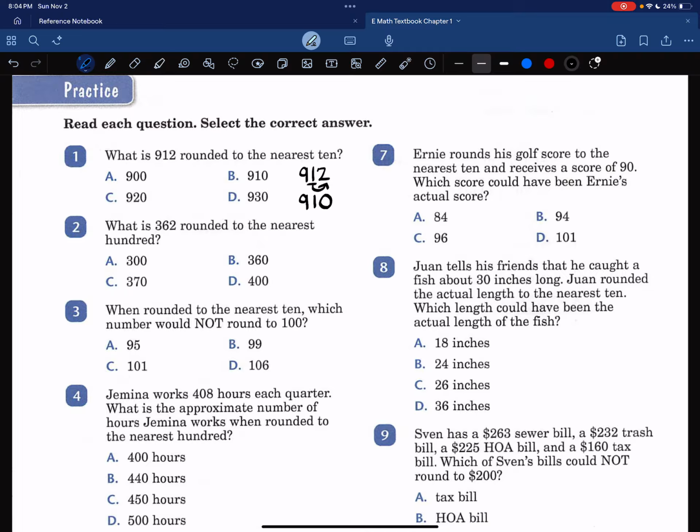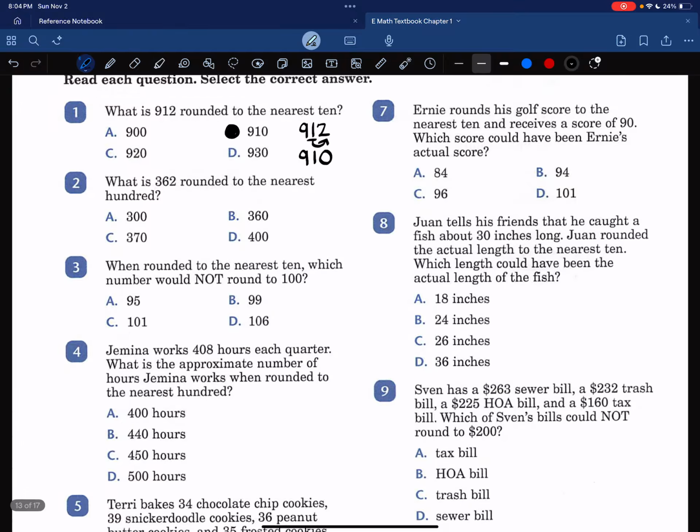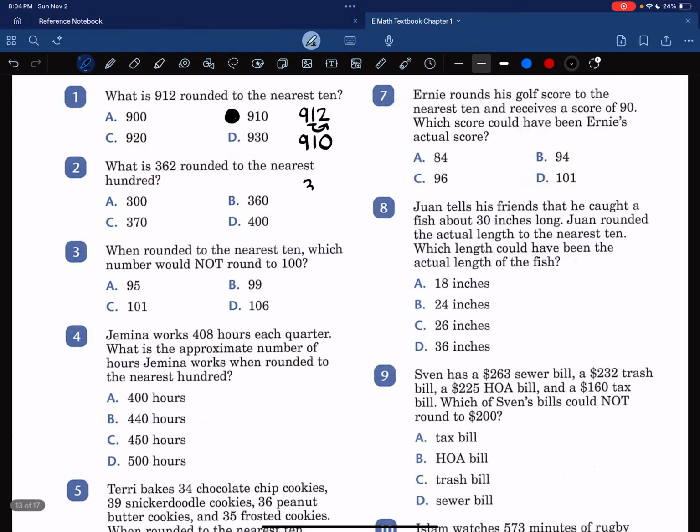And the neighbor tells us what to do, neighbor gets rounded away. So this is B as in boy. What is 362 rounded to the nearest 100? Neighbor says round up. And then everybody rounds off once you do the rounding. So this is D as in dog.